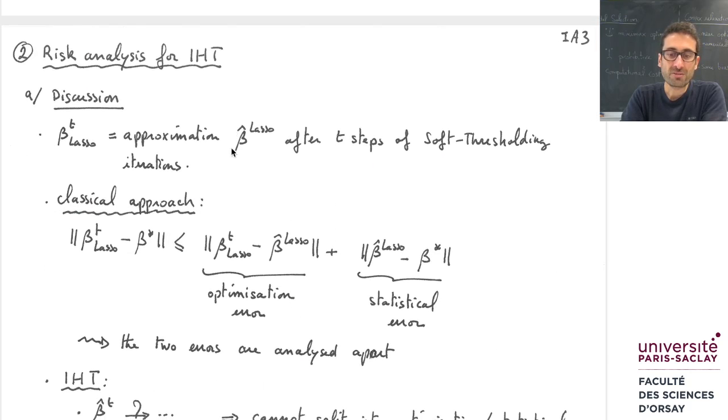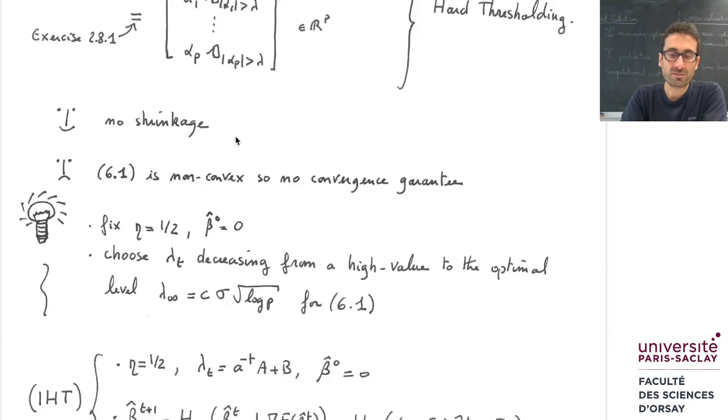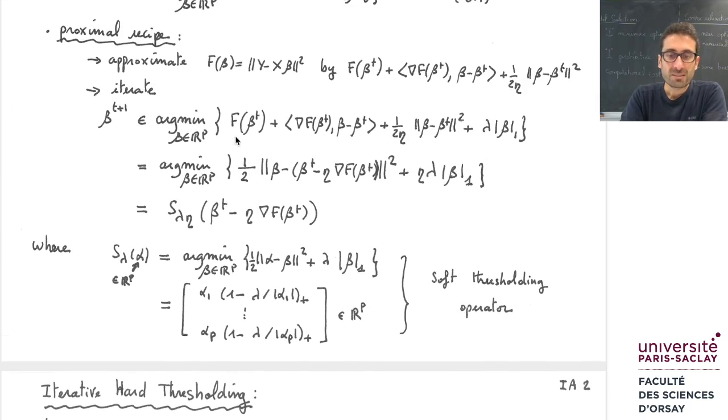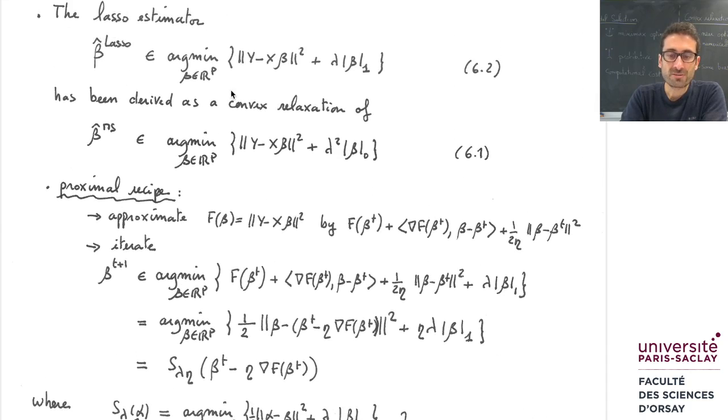So we have been looking at the lasso estimator in the fourth lecture. The lasso estimator, I remind you, is a solution of this optimization problem, and we have analyzed the properties of this estimator, how good it is, how close it is to beta star.